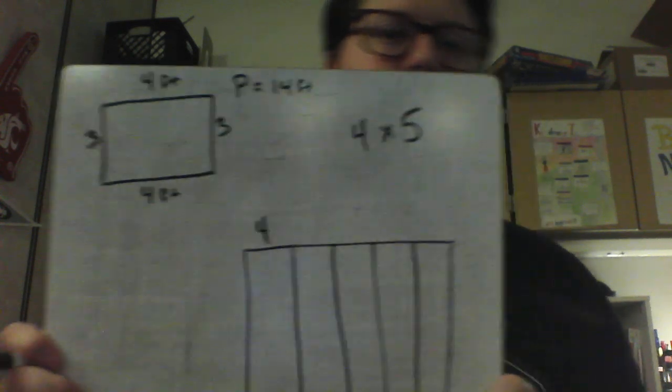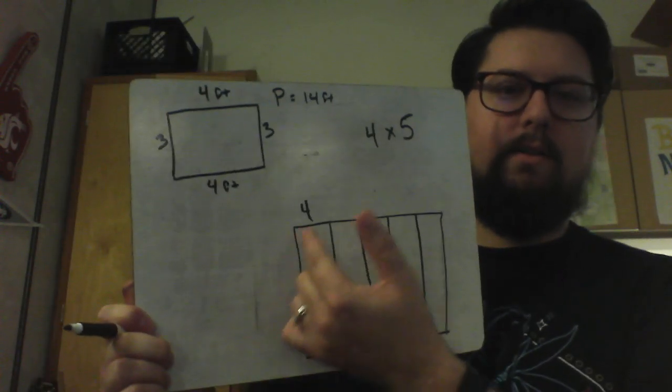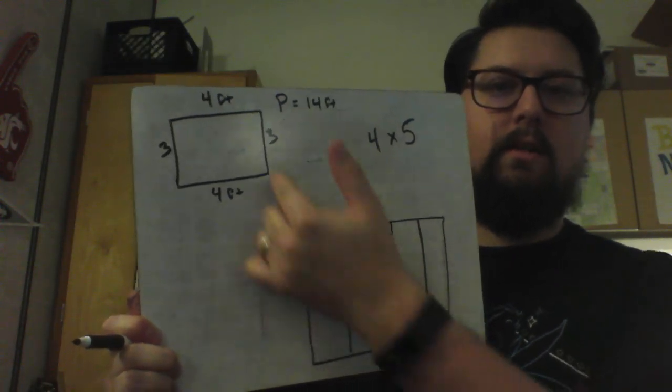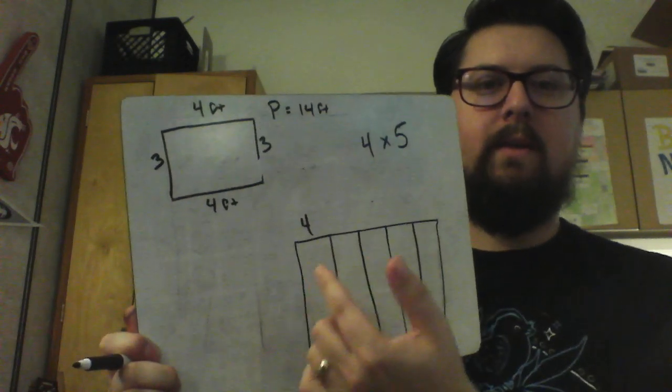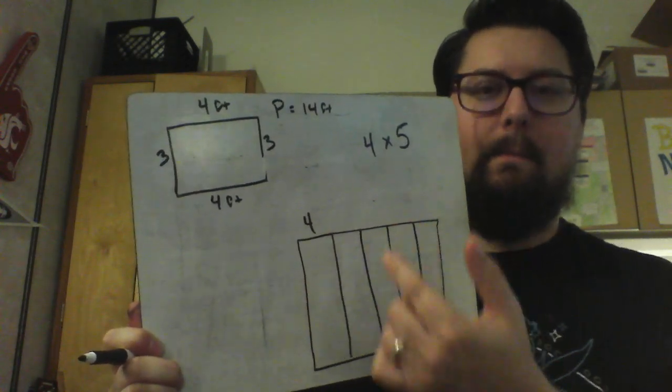What that could look like on your paper, we can section. So if we know that one section is 4 feet, let's draw 5 sections on top. Just the top, we're going to match these up. So just the top is 4 feet in one section, just like the top is 4 feet here. And it's 5 times bigger.